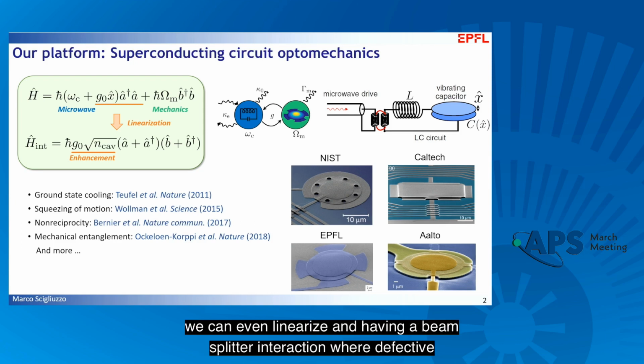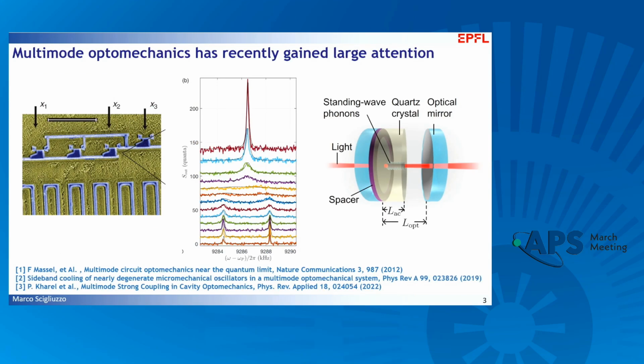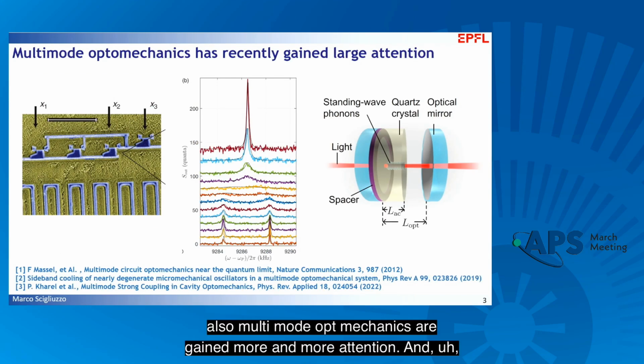And in principle, we can even linearize and have a beam splitter interaction where the effective coupling is enhanced by the intracavity photon occupation. And this platform has been widely used to obtain a very large number of experiments, and here I just put a few of them.